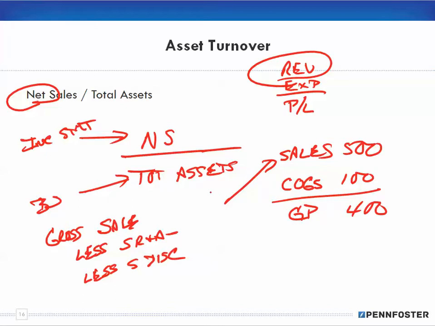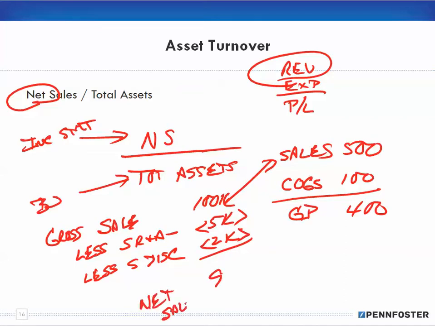So let's say I have $100,000 for gross sales, and I have $5,000 of merchandise that was returned, and I had $2,000 in discounts. This is negative because it's less. Then my net sales is going to be $93,000. It's the net, meaning the final calculation.